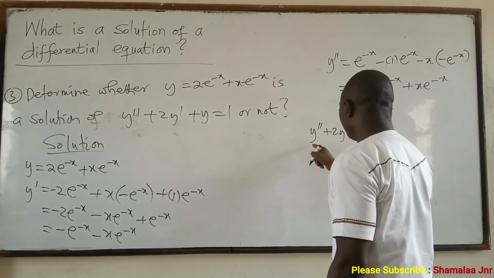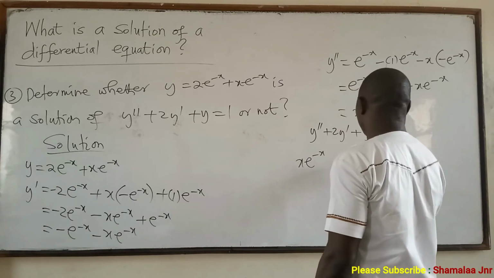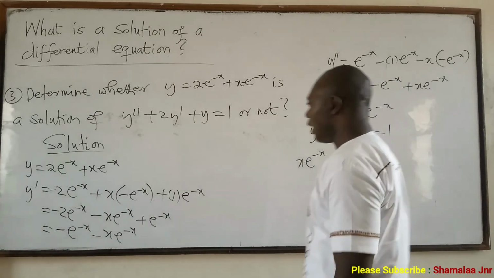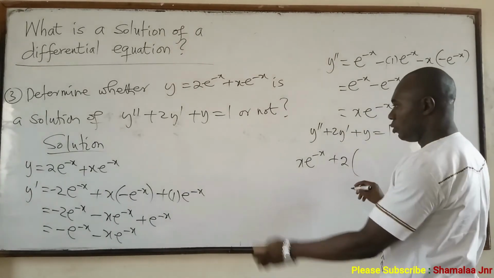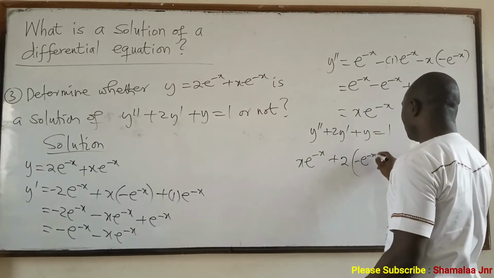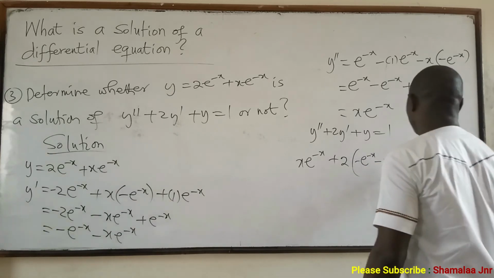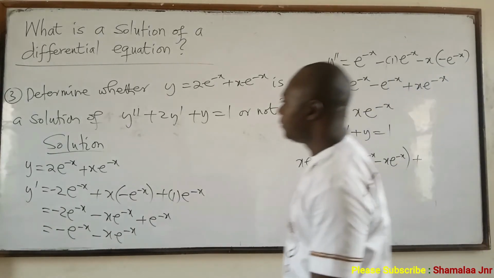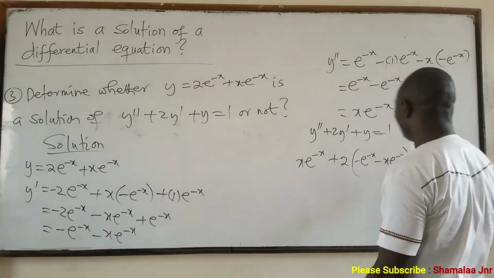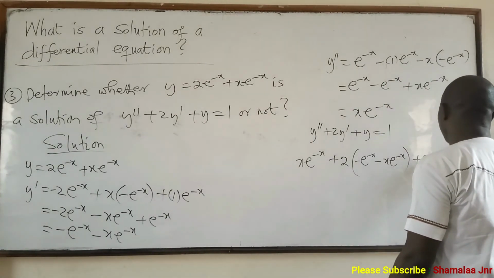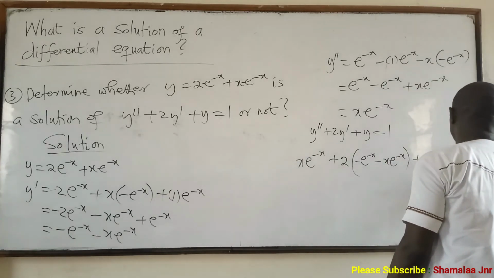So let me just put it here: x exponential of negative x plus 2 times y prime. This is y prime, so times 2: negative exponential of negative x minus x exponential of negative x, plus y. Where is the y? This is y: 2 exponential of negative x plus x exponential of negative x.